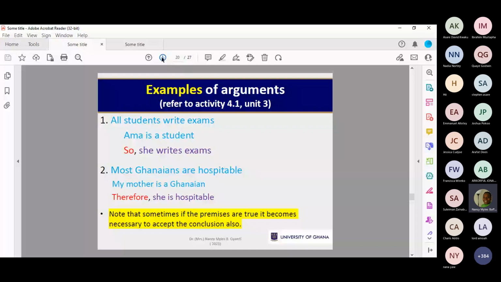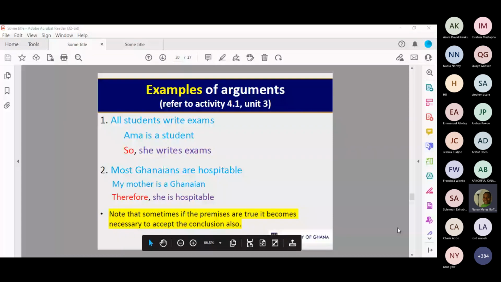The deduction was done well. We'll learn validity later, okay? So if it is a valid deduction, it means that if the premises were true, the conclusion must also be true. Otherwise, you will generate a contradiction.